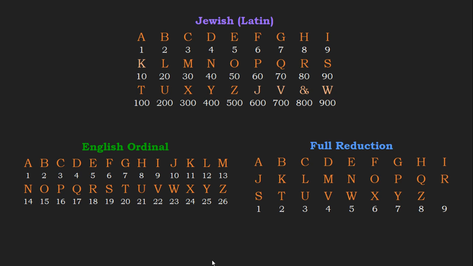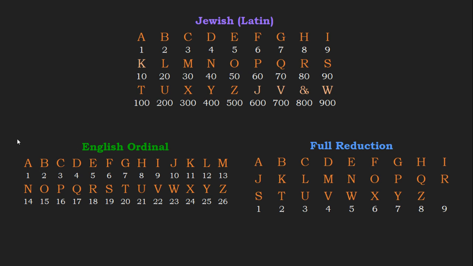The other ciphers we're going to be focusing on, the one at the top of your screen is called Jewish Gematria, which is based on the original Latin alphabetic order. Of course, Latin was one of the primary languages in the world for many, many hundreds of years, and is essentially the transition between Greek and Hebrew and the current 26-letter English alphabet.